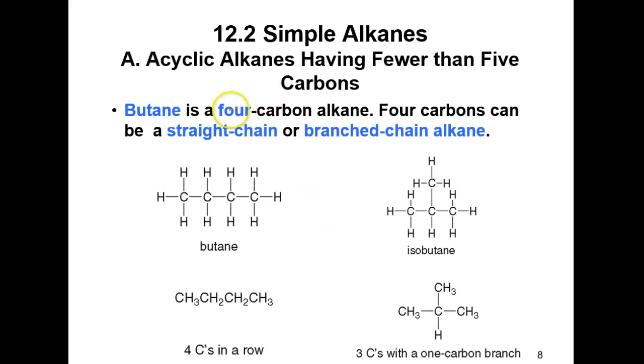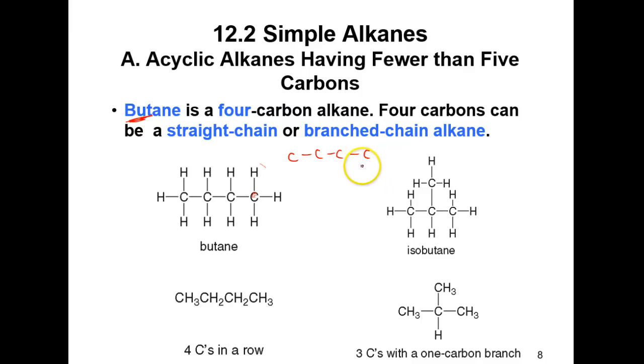Butane, but, is the prefix for 4 carbons. Butane is when you have 4 carbons in a straight chain. Now this is the first molecule where I can actually draw a different molecule for 4 carbons. Let me write it with the carbons without the hydrogens.